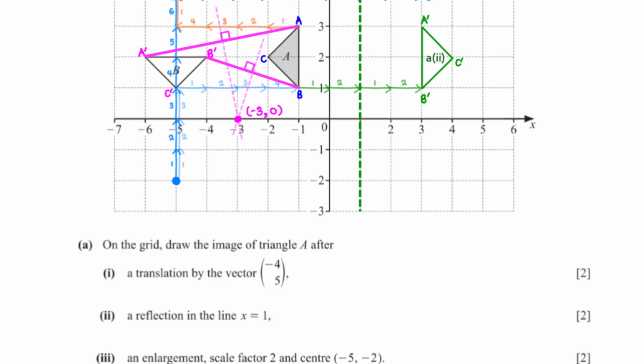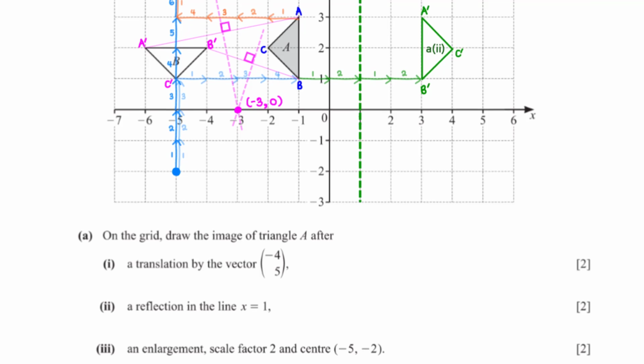Draw a line to connect at least 2 corresponding points on both triangles A and B. Then we need to draw the perpendicular bisectors of these lines. The intersection point of the bisectors is the center of rotation. In this case, the point has coordinates -3, 0.